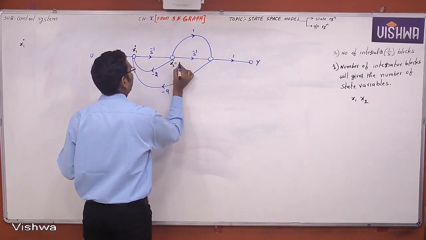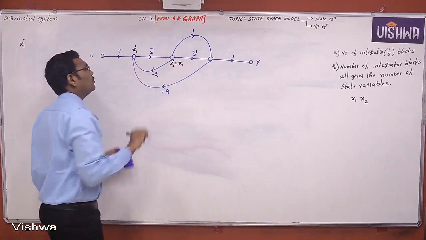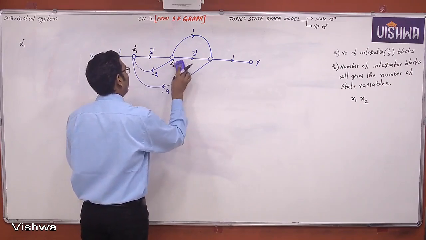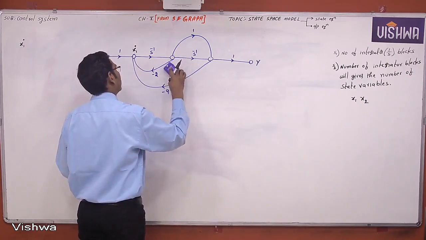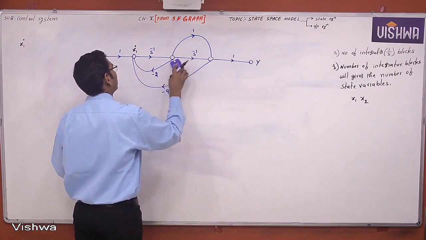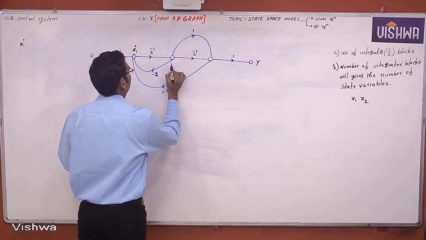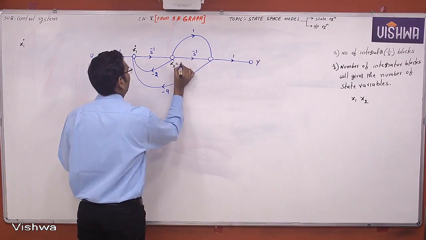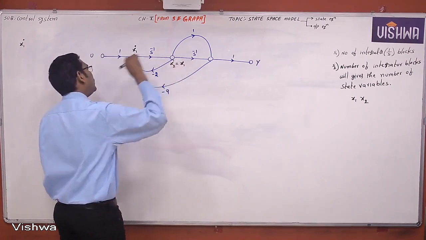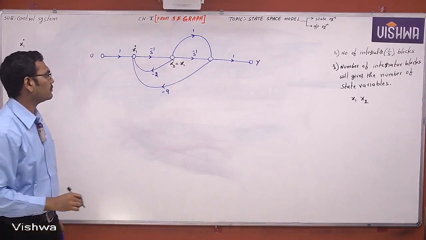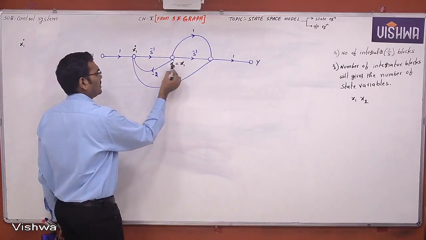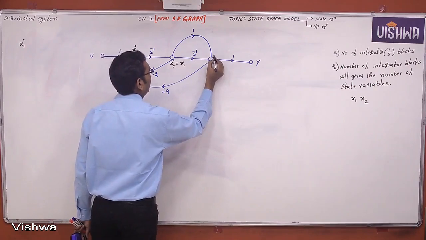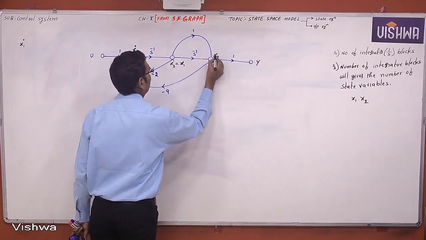Then we take variable x1 and assign it to x2 dot. So x1 is assigned to x2 dot, the differentiation and integration is cancelled, and again this is x2.